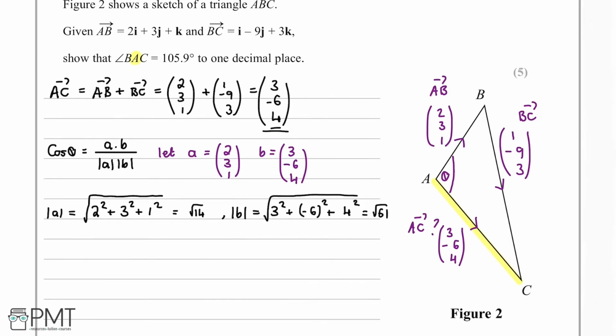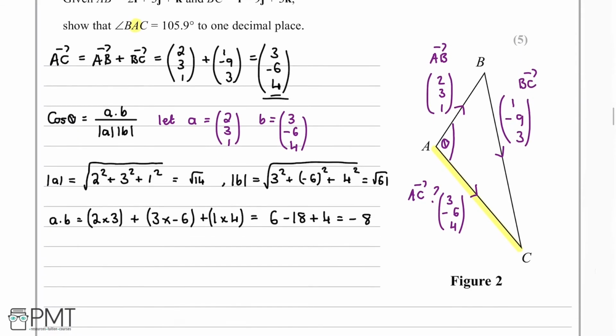And then we can also work out the dot product of A and B, and we do this by multiplying each term and adding them. So A dot B is going to be equal to 2 times 3 plus 3 times -6 plus 1 times 4, and that is equal to 6 minus 18 plus 4, which is equal to -8.